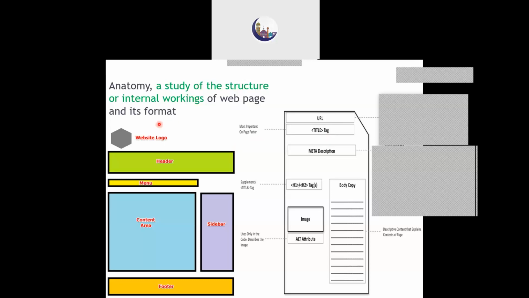Second, when we open this web page in a browser, there will be a title on the browser tab. That title tells what this web page is meant for, and it can be given over here.